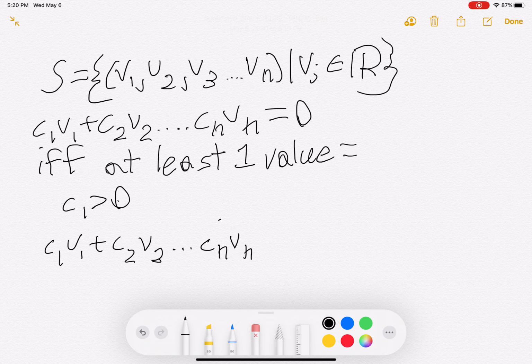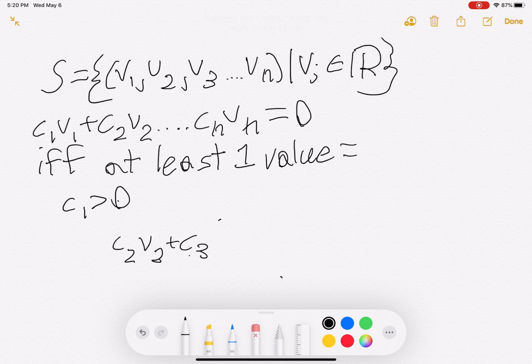Or I need to be careful here. You get the idea. Plus c3 v3. Let me write this better.